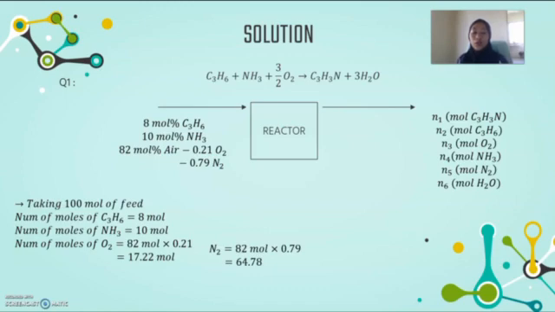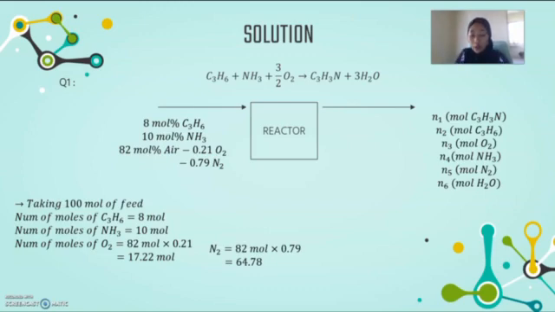Lepas dia punya reaktor tu dia akan jadi N1 mol C3H3N, N2 mol C3H6, N3 mol O2, N4 mol NH3, N5 mol N2, and yang last sekali N6 mol H2O.